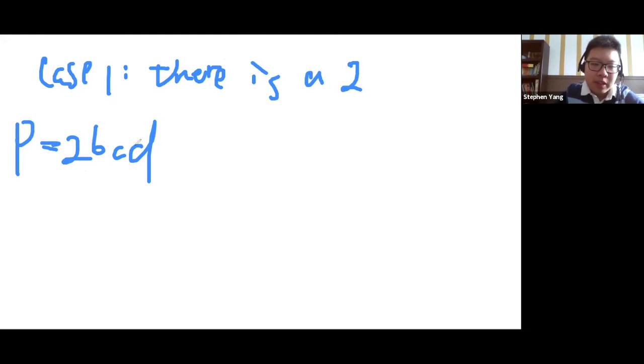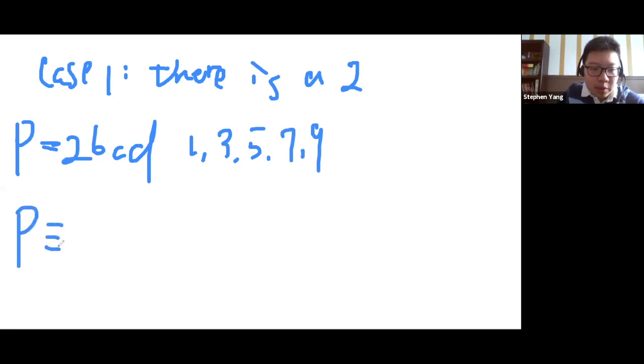And then we could rearrange them and find how many solutions there are. Now BCD are not multiples of 2, which means BCD could only be 1, 3, 5, 7, and 9. Now we know that P is congruent to 2 mod 25.